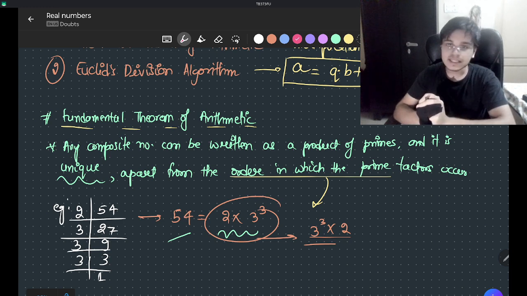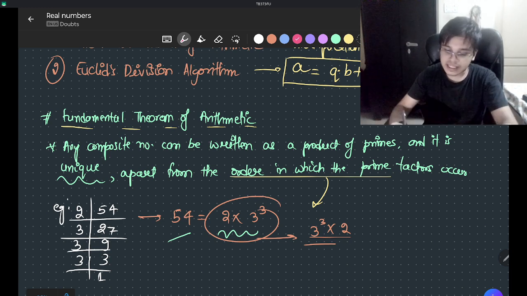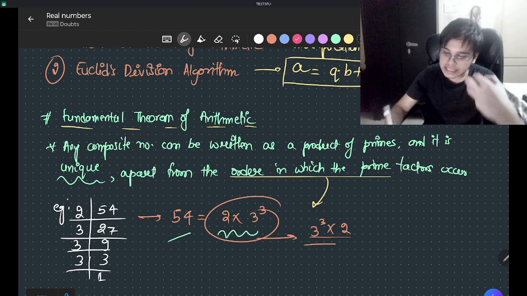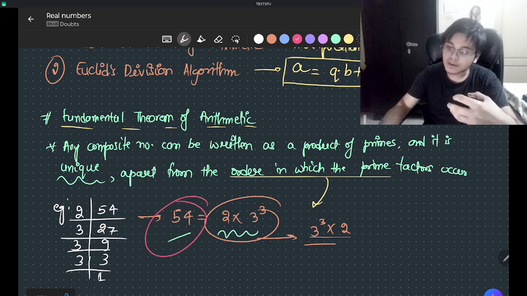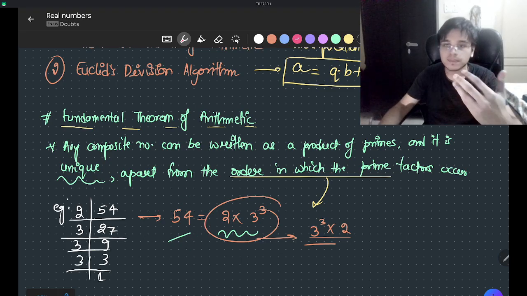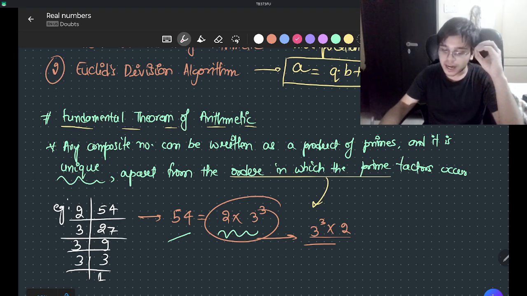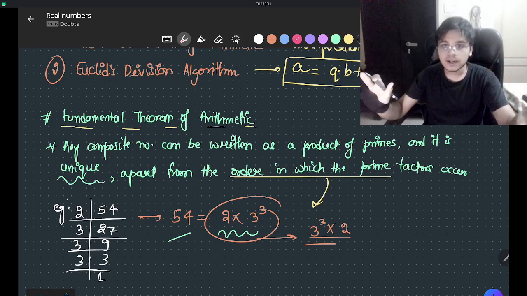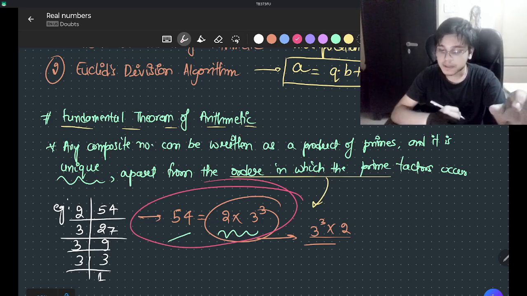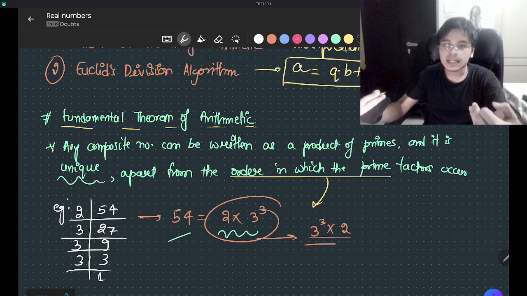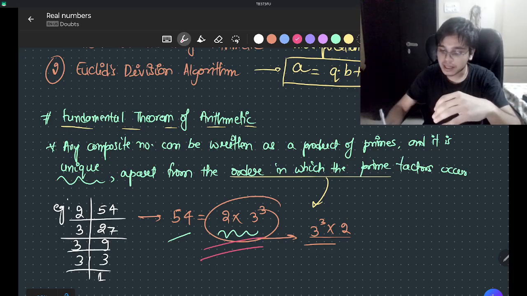So what it means is that, as you have learned how to factorize before, you can see that 54 can be written as 2 into 3 power 3. And no other number can be represented in this particular format. No other number, when you factorize it, will give you the same answer.